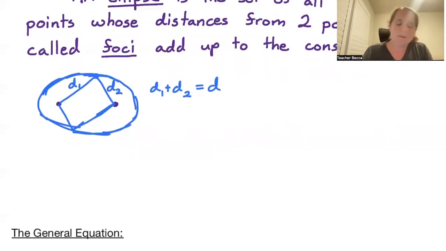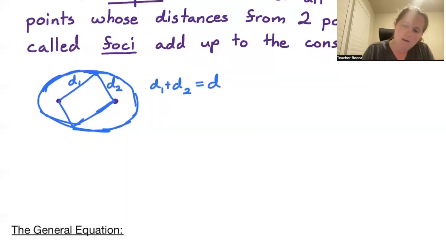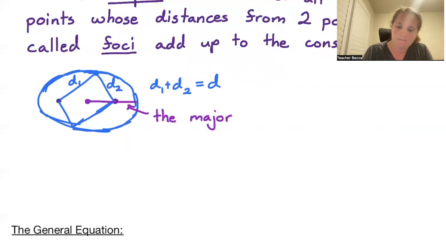For some additional vocabulary, if we look from the center of the ellipse and then go out to the edge, going straight through one of the foci, this is referred to as the major axis. You can think of it as a major radius, essentially. And then perpendicular to that, coming out from the center, is the minor axis.